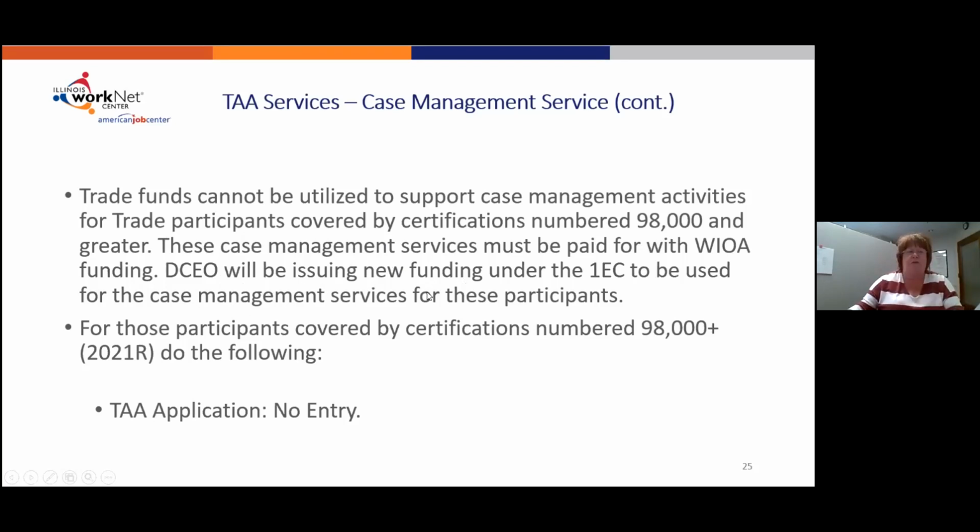And we'll be issuing new funding under the 1AC grants like we previously did to provide that case management service for those participants. Those participants are the ones who are under that 2021R. If you do have anyone like that, here's how you do that. Under the TAA application, there's no entry for case management services.